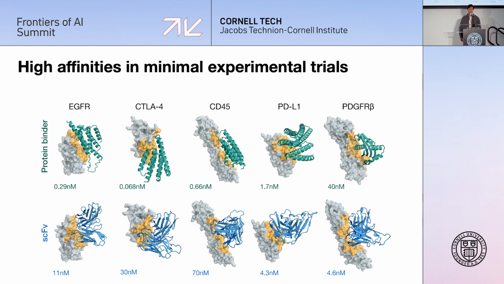And in the bottom row, I'm showing the design of scFvs, which are a really clinically relevant antibody-derived modality, where we consistently get really, really high affinity, nanomolar, even picomolar affinity in some cases, in all modalities for all targets.